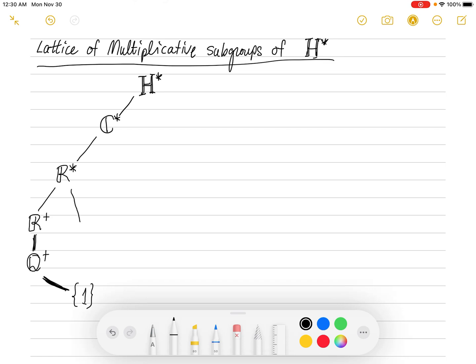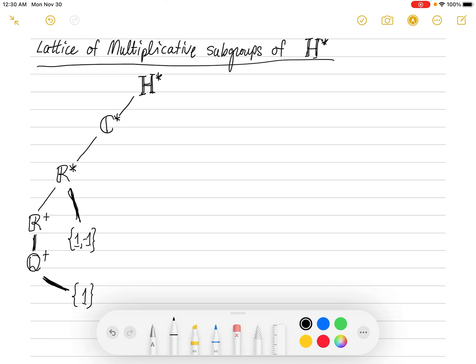It turns out, though, that R star, which is the positive and the negative real numbers, since we threw away the 0 element, has a subgroup: 1, negative 1. Just 2 elements. That's a subgroup, right?